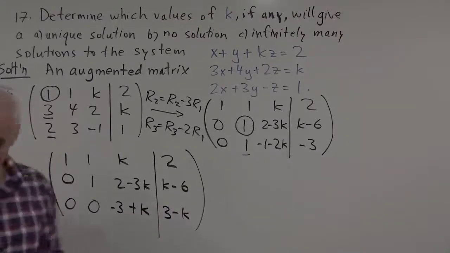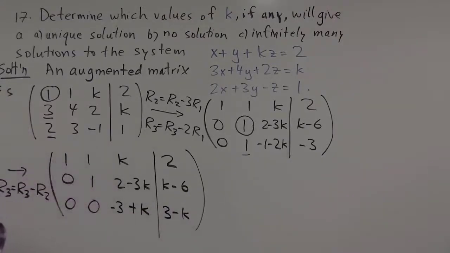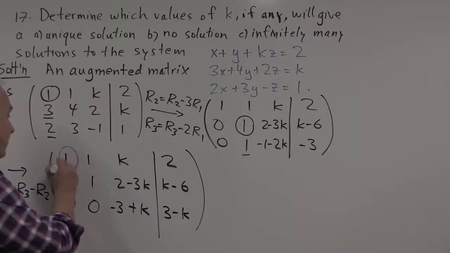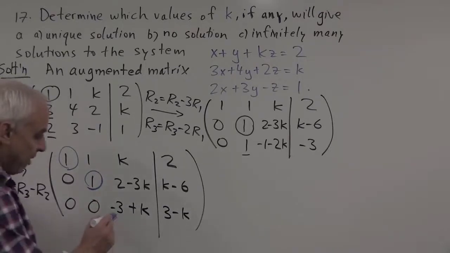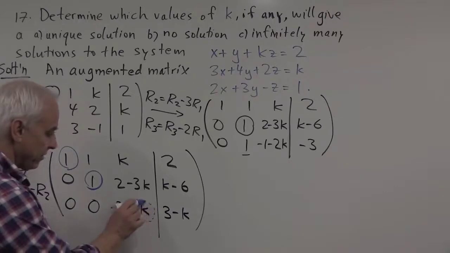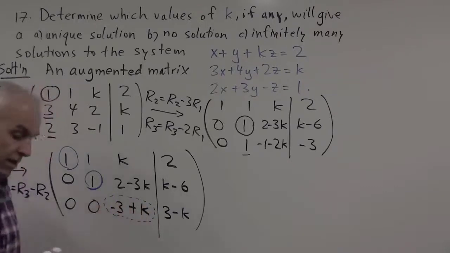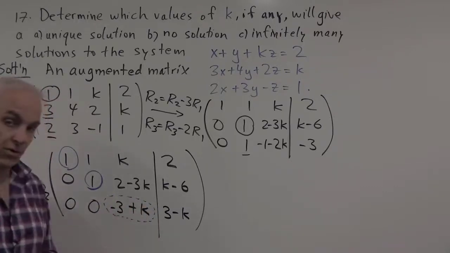Now we are in a position to try to figure out whether or not this system has solutions, and if so, how many solutions it has. And it will depend on the values of k. So here we have a leading entry, and here we have a leading entry. And this is possibly a leading entry. It will be a leading entry if it is non-zero.